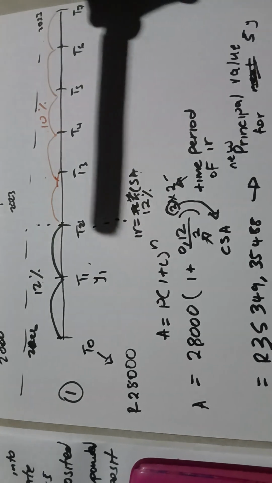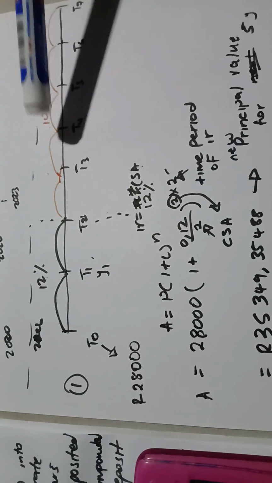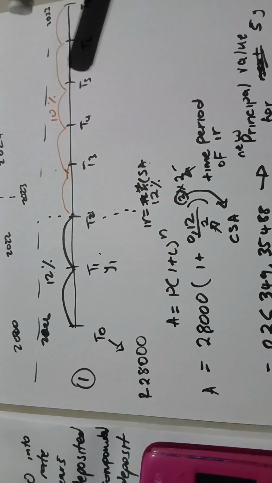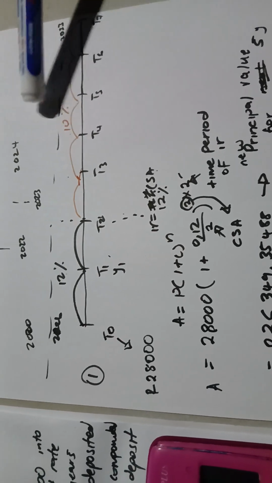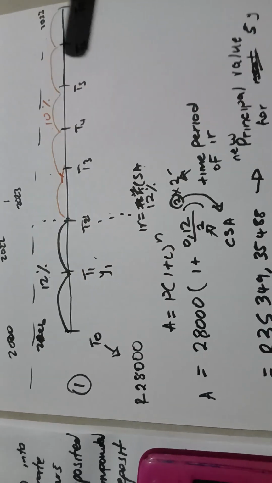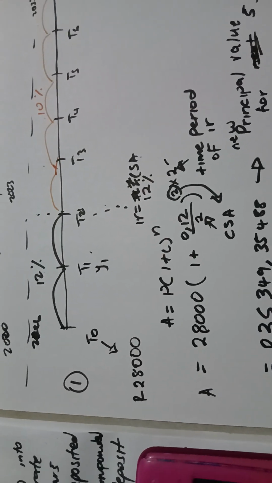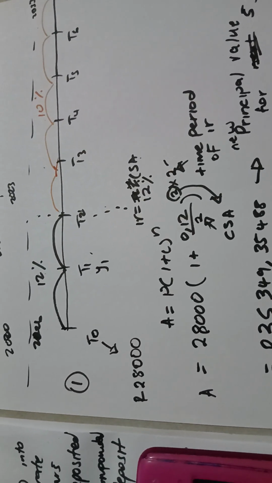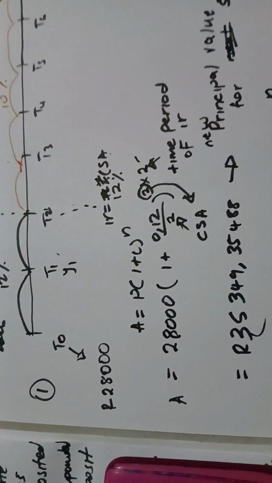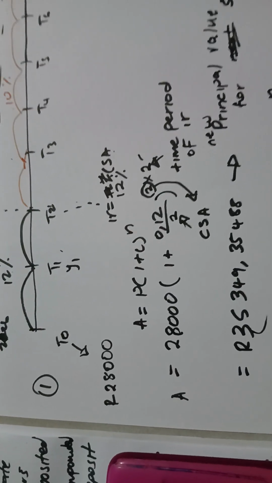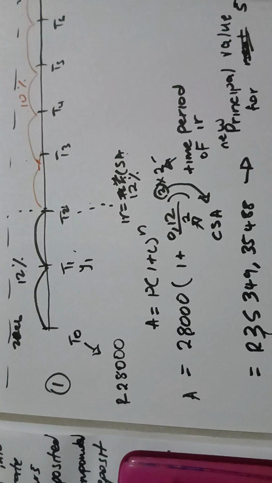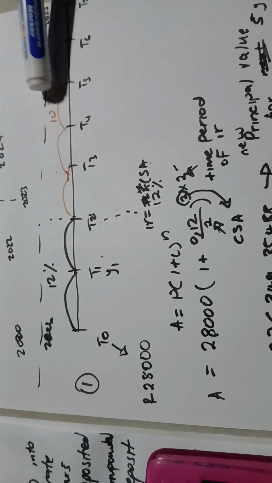So in the remaining years, the interest rate was now 10% compounded quarterly. Which means we now have to do the interest of the remaining 5 years using this interest rate.